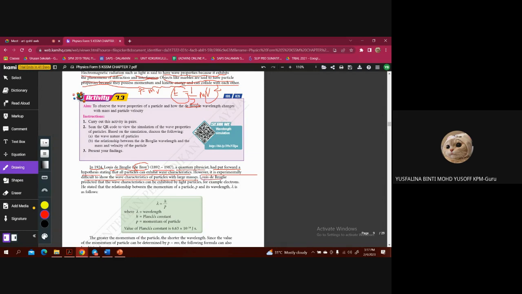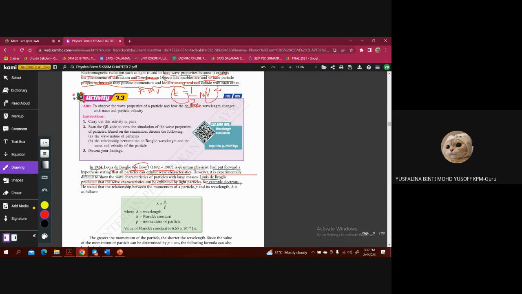So Louis de Broglie predicted that the wave characteristic can be exhibited by light particles, because the mass is very low. We cannot use other objects because they are very heavy, so it's hard for us to prove that they can also follow the wave characteristics.